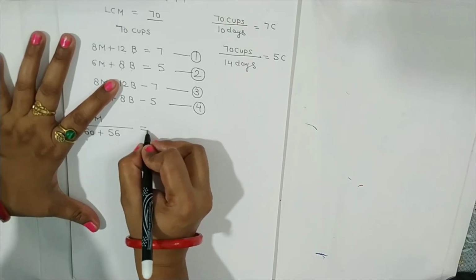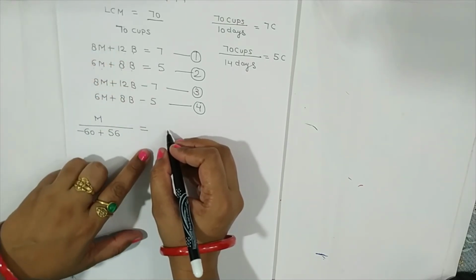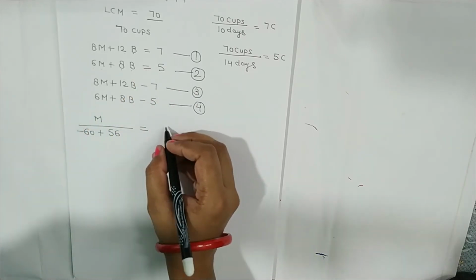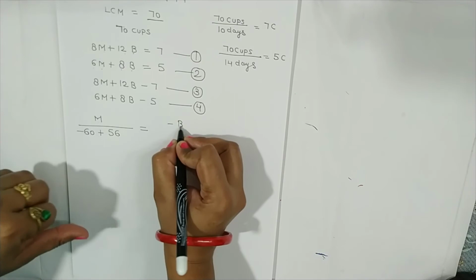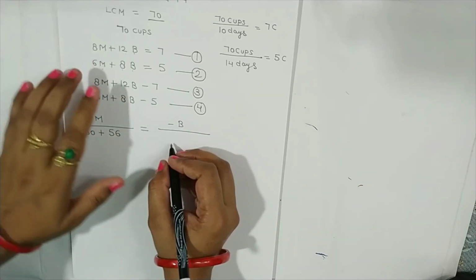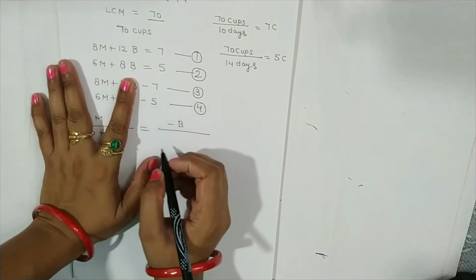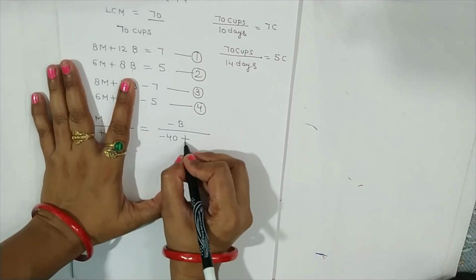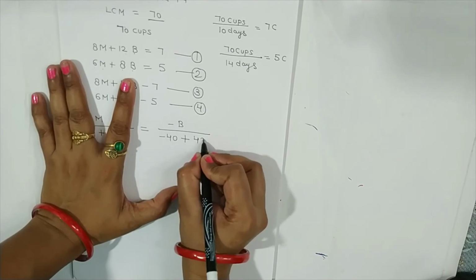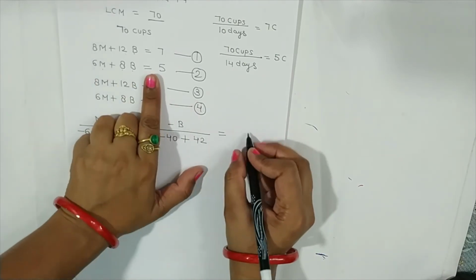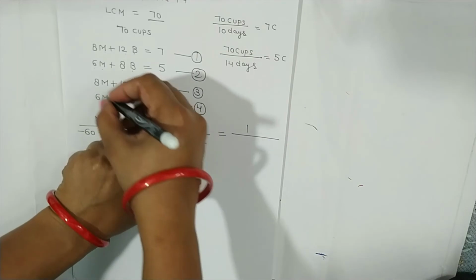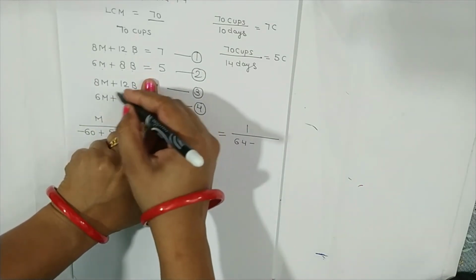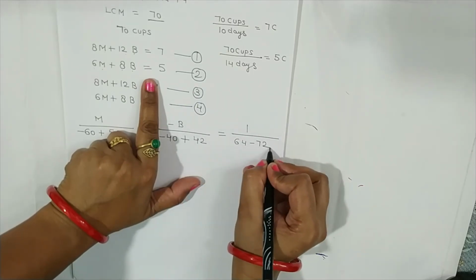Then minus b divided by, I have to hide this, 8 5s are 40. This is minus 40. Then minus and minus becomes plus. So 6 7s are 42 is equal to the constant value. 8 8s are 64 minus, that will be 72.